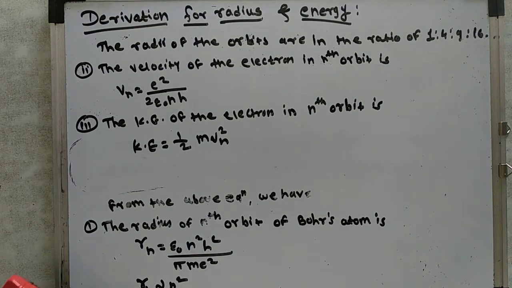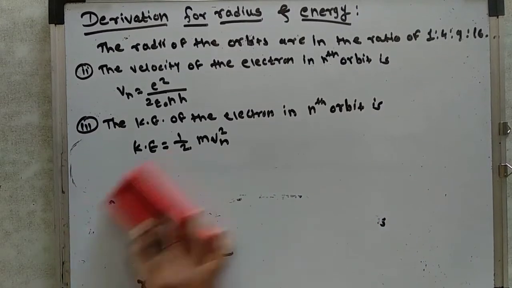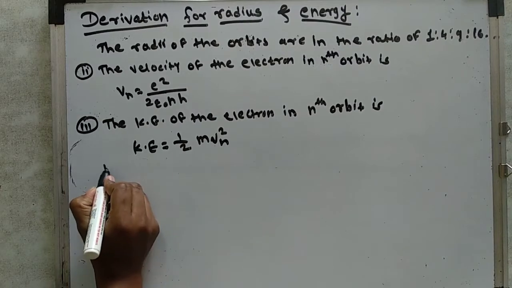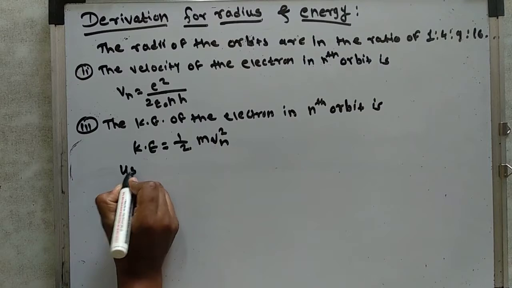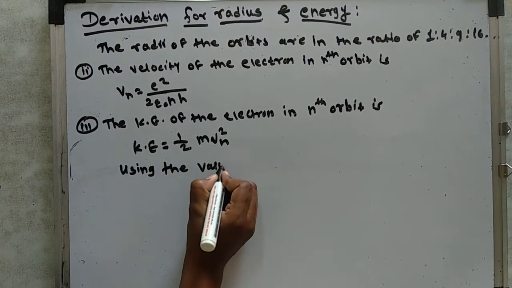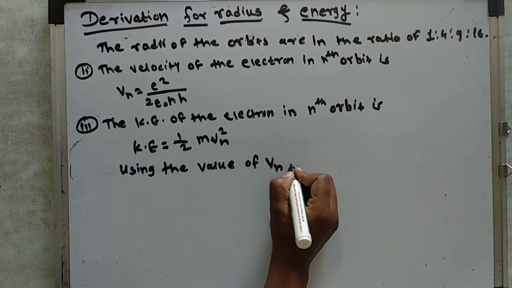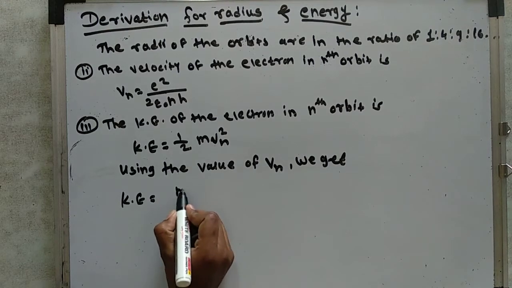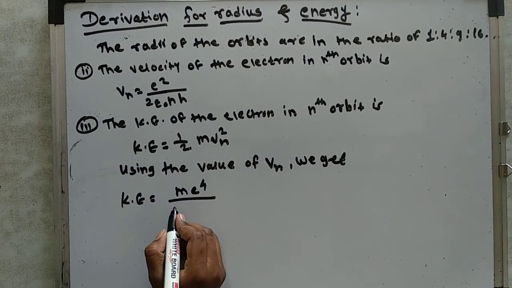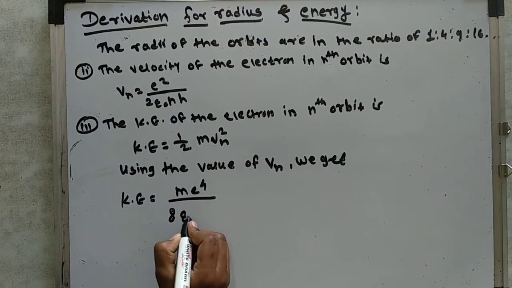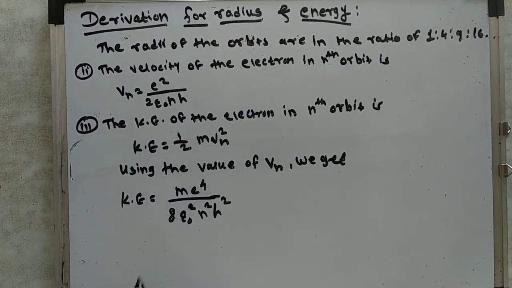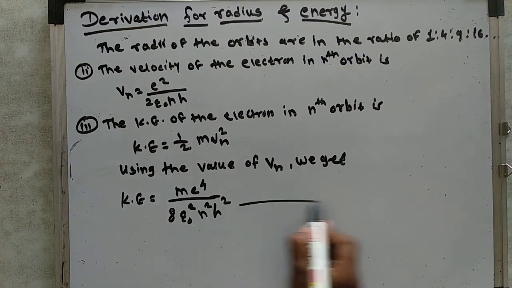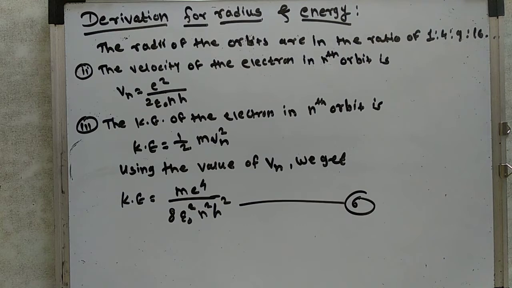Using the value of vn, we get kinetic energy is equal to m e to the power 4 upon 8 epsilon naught square n square h square. Equation number 6.